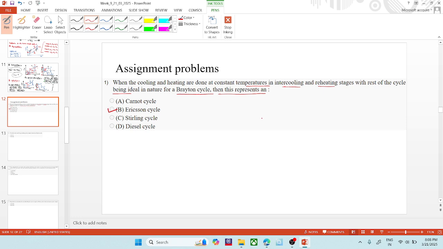So in the Brayton cycle, instead of constant pressures, if it would be constant temperature, then that cycle would be the Ericsson cycle.